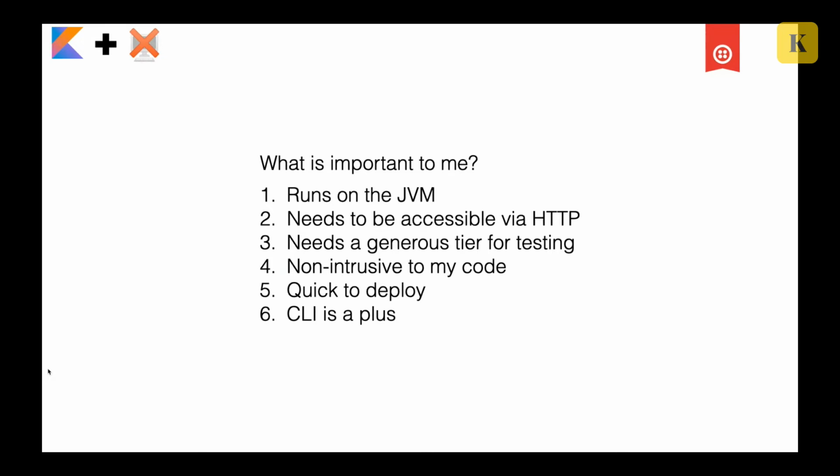I want something that runs on the JVM because, as we saw this morning, you can compile Kotlin to JavaScript and everything. But I am comfortable debugging on the JVM. This is the environment I'm comfortable with. So I want a serverless environment that actually gives me the JVM. I also want it to be accessible via HTTP.